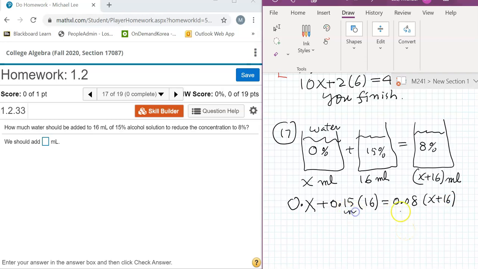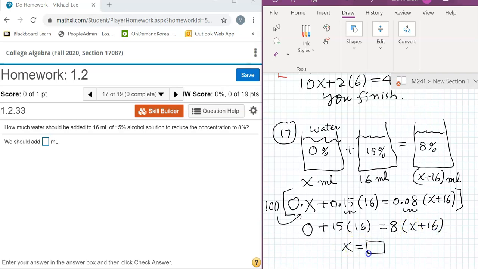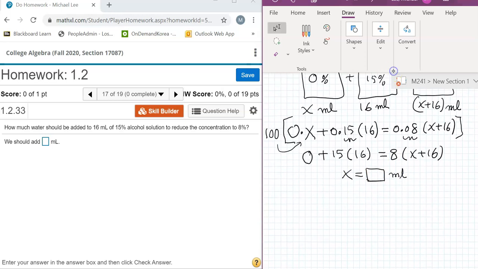Now we have two decimals, so you have to multiply this time not by 10, but by 100. When you multiply by 100, this is just 0 plus 15 times 16 equal to 8 times X plus 16. From here, you finish X. It's going to be X milliliters. All right, that is 17.